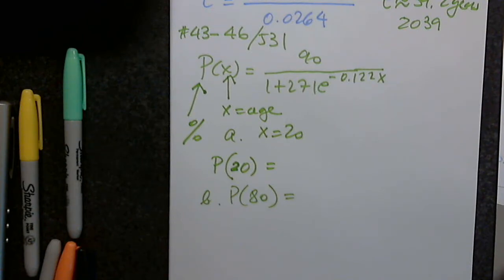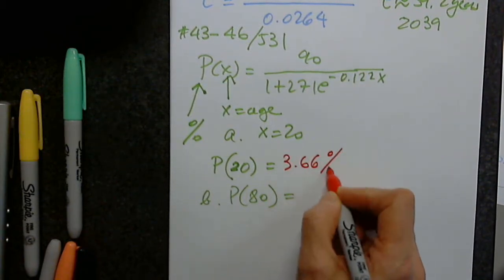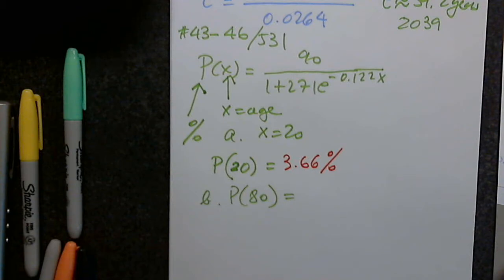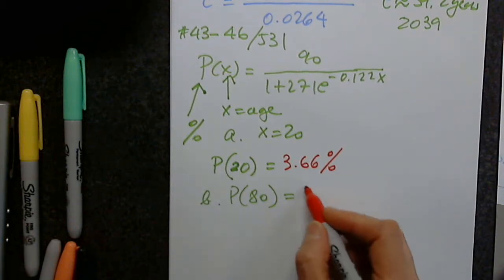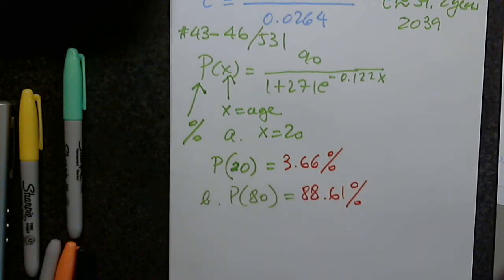I punch in 20. I punch in 80. And I get everything at once. So P of 20 is 3.66%, and P of 80 is 88.61%. So what will you say? Please translate. What does 3.66% represent?